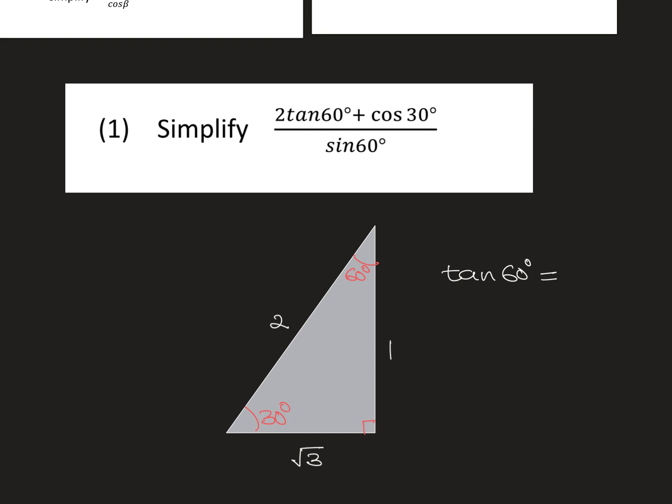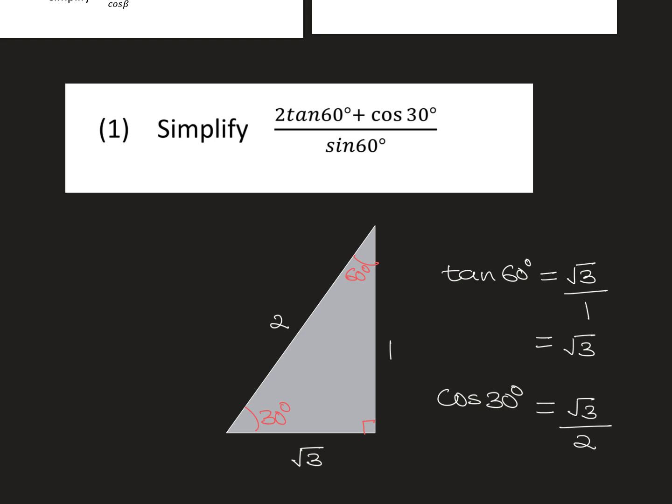So tan 60 is root 3 divided by 1, which is just root 3. We also need to know cos 30 degrees. This is the 30 degrees. Cos is adjacent divided by the hypotenuse. So cos 30 degrees is root 3 divided by 2.